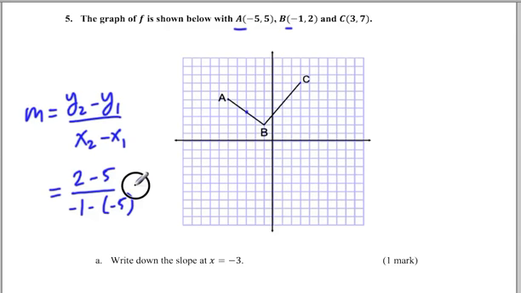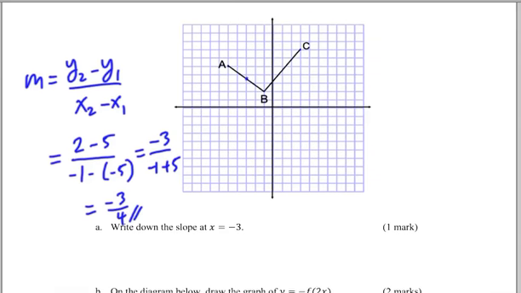So this is equal to 2 minus 5, which is -3. -1 minus -5 is going to be -1 plus 5. So it's going to be -3 divided by 4, and that's our solution. So it's -3 divided by 4 because -1 plus 5 is 4.